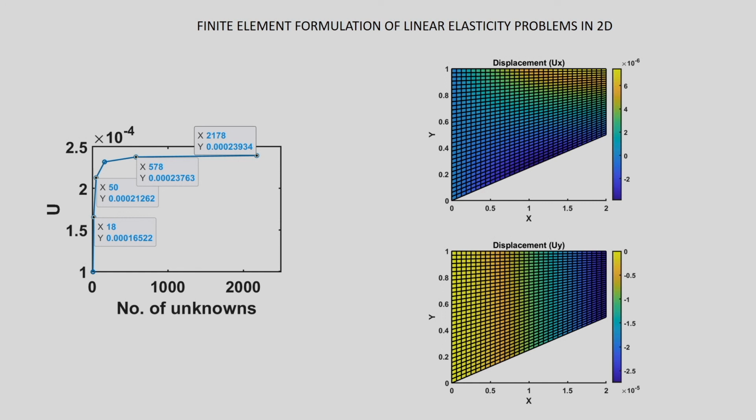Now, if you look at the finite element solution, it may so happen that I do not need the refinement to be uniform throughout the domain. Maybe in some portion of the domain where the gradient is very high, I need to refine, whereas in other portions where the solution is pretty smooth, I do not need to refine that much, or maybe I can even decrease the number of elements.